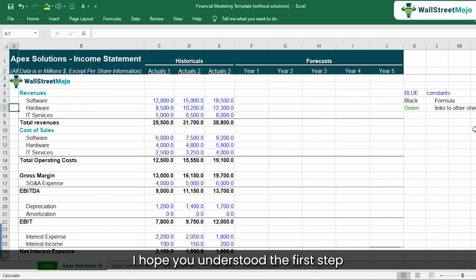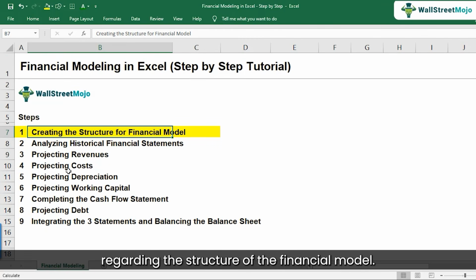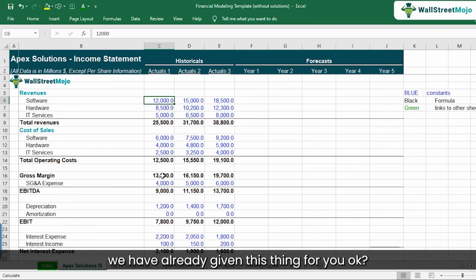With that, I hope you understood the first step regarding the structure of the financial model. It's actually the hardest step because you will have to navigate different annual reports, copy and paste the data in this analyst friendly format, color code them, and put them in different sheets, right? So this is very challenging, and that's why for the first model, we have already given this to you.